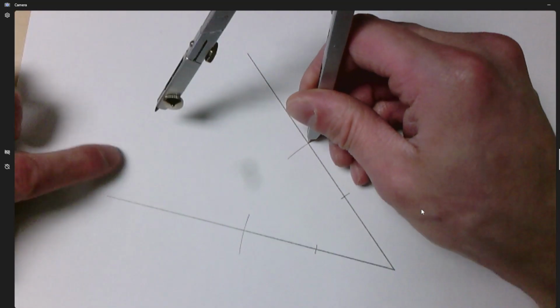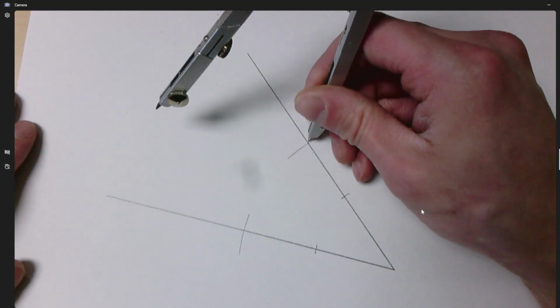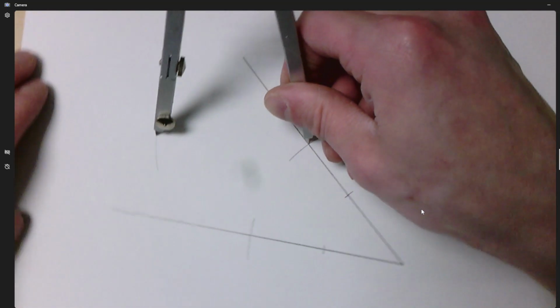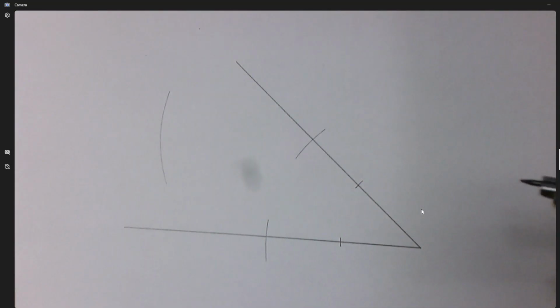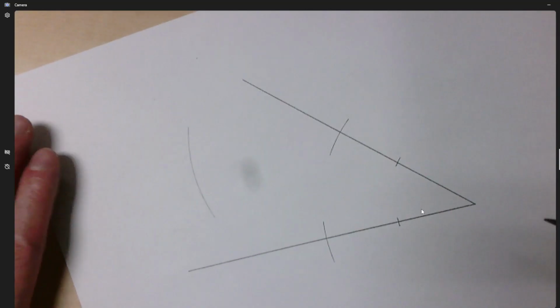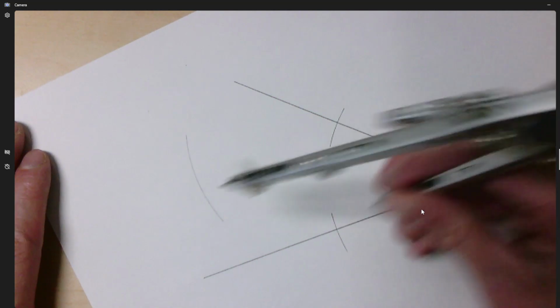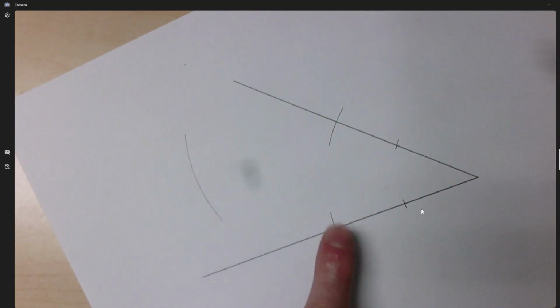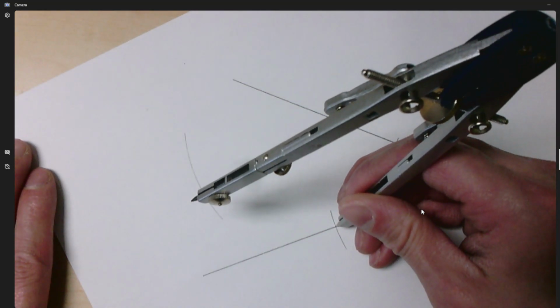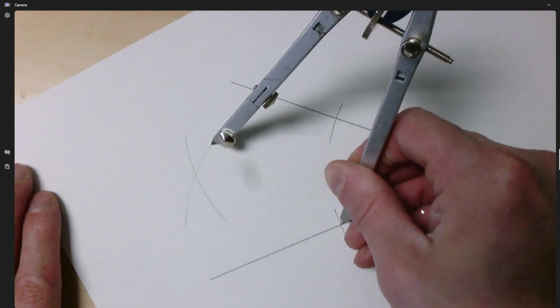I'm going to make an arc roughly in the middle. I know that the angle bisector goes through the middle of your angle. So I make my arc roughly in the middle, and then I go to the other side, at the other mark I put on the other side of the angle.